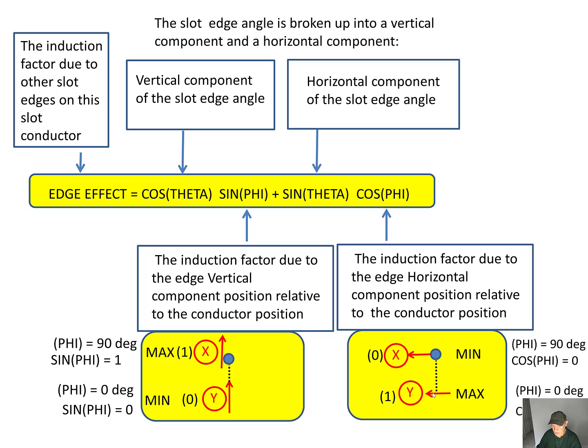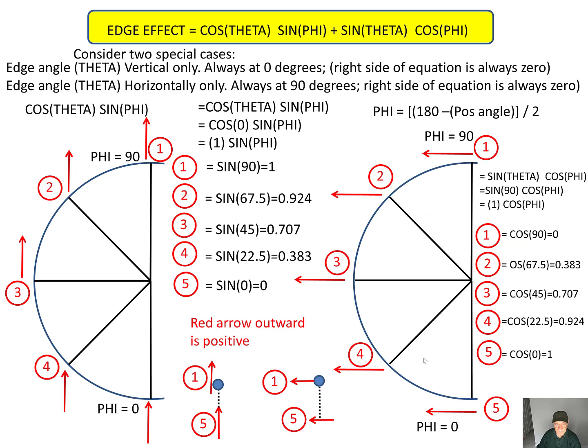But here, when phi is 0 degrees, cos phi is 1, and it will have an induction. And if it's increasing this way, the induction will be out of the page. So the edge effect is cos theta times sine phi plus sine theta times cos phi.